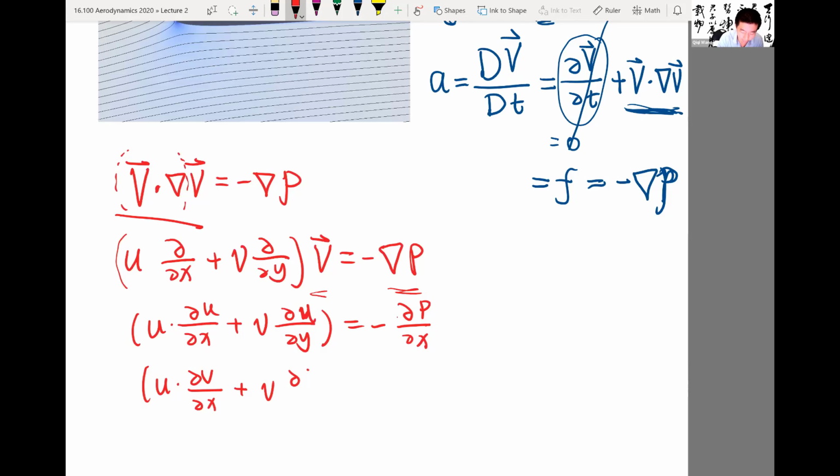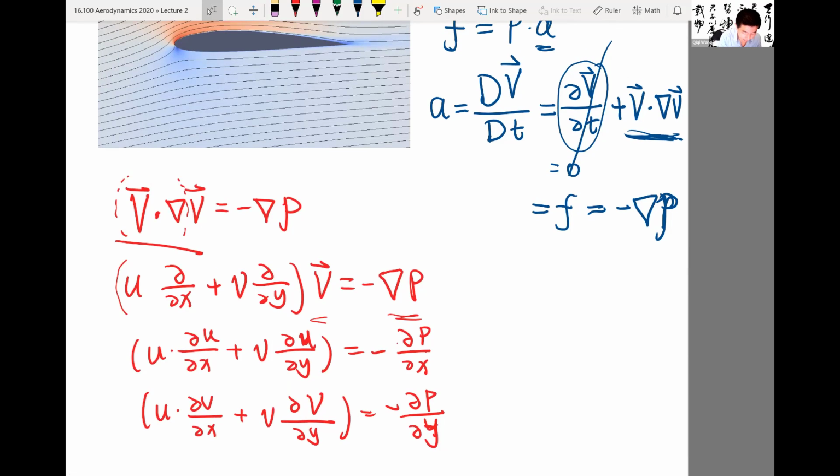So everything on the first component is u. The second component, we are basically replacing this vector by the second component of the vector, which is small v. And we are also putting the second component of the nabla, which is the y derivative of p.